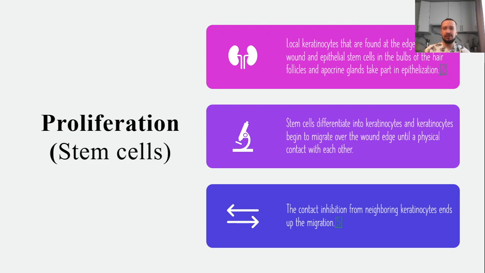Stem cells differentiate into keratinocytes, and keratinocytes begin to migrate over the wound edge until physical contact with each other. The contact inhibition from neighboring keratinocytes ends the migration.